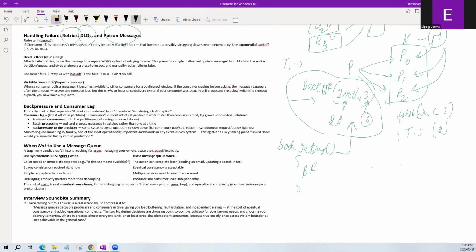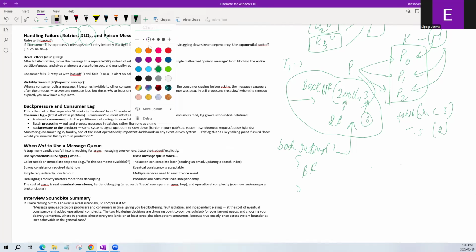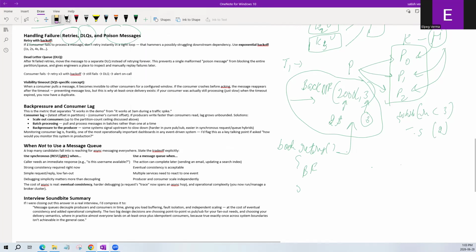Let me go like this. Suppose why I'm not able to select. Okay. Sometime it happens, you know. Oh, looks like it's a bug. Uh, Not able to select.